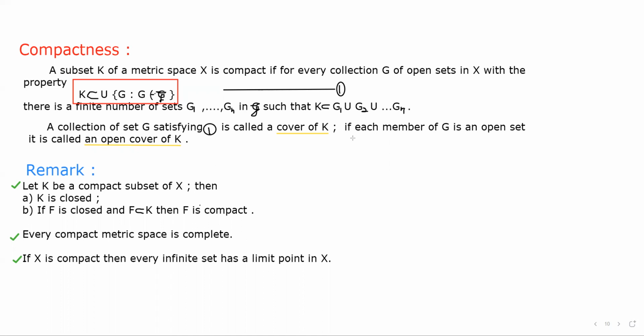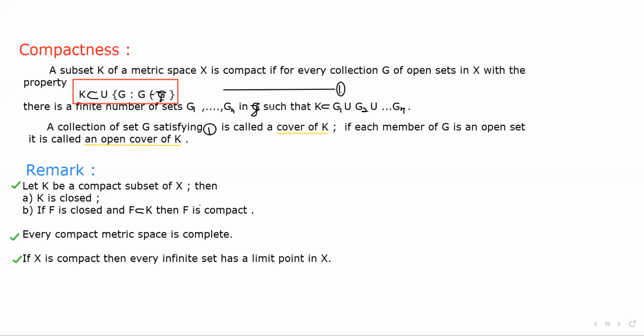Which means here the union of G, that is the union of all the open sets, is the cover of K, and if each member of G, that is each subset G, is an open set, then we can say that the union of all open sets is the open cover of K. So what is the cover of K?